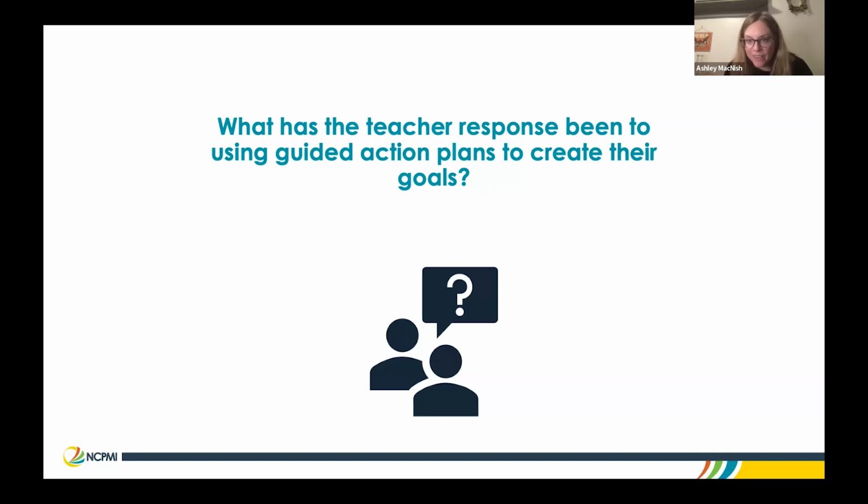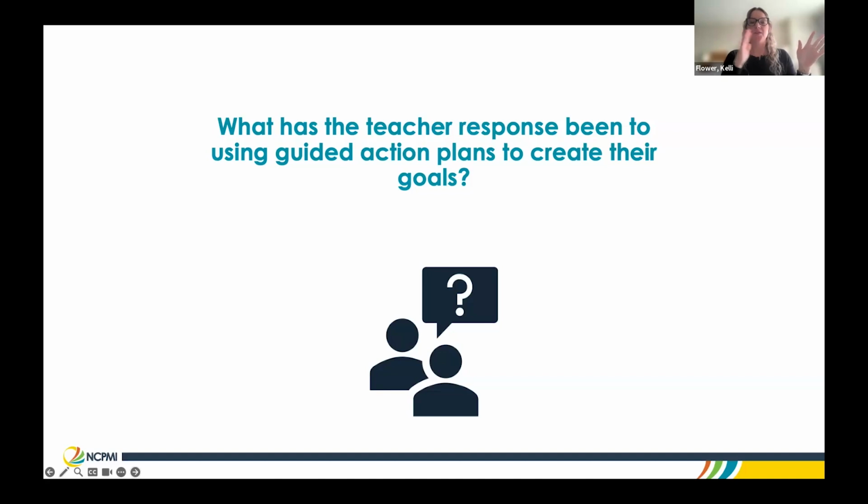So Kelly, since you've been using this with teachers now for a while, what has the teacher response been to using guided action plans to create their goals? Well, I am lucky that I got to have a year of coaching using just blank templates with all my teachers.